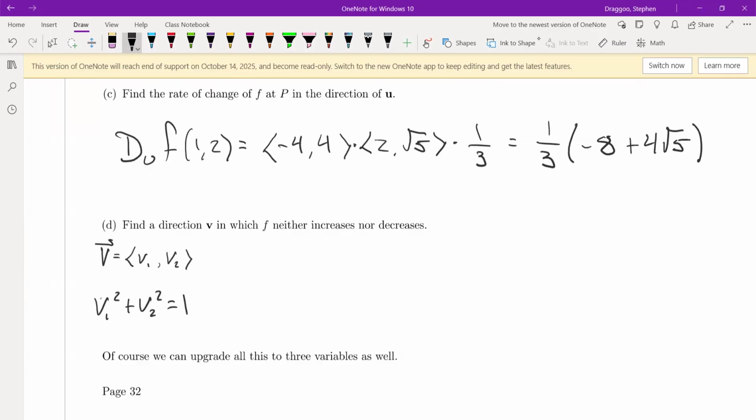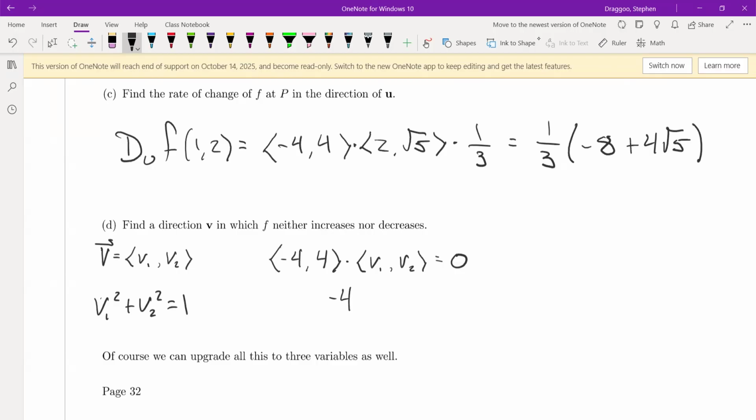And I set all of that up so that I could get -4, 4 dotted with v1, v2. And I know that that should be 0 because I want my directional derivative to be 0.